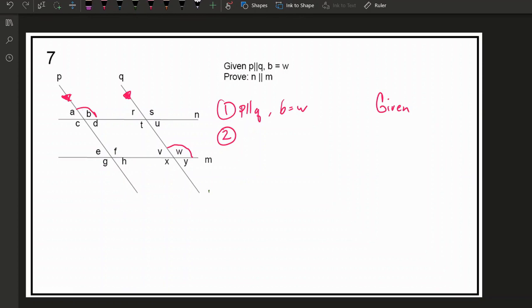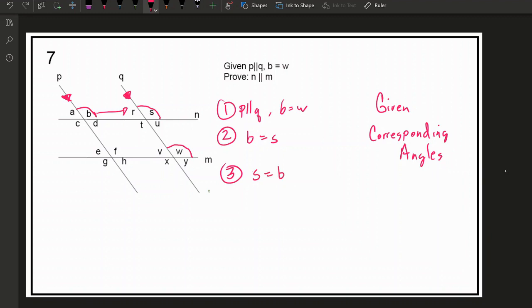What I can do though is I can go from B to S using corresponding angles. So I can say B is equal to S because of corresponding angles. And now, if B and S are equal and B and W are equal, then S must be equal to W. So I can say that like this.